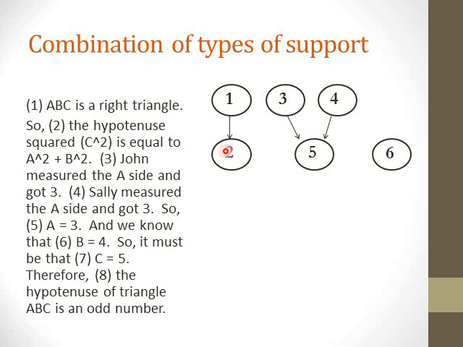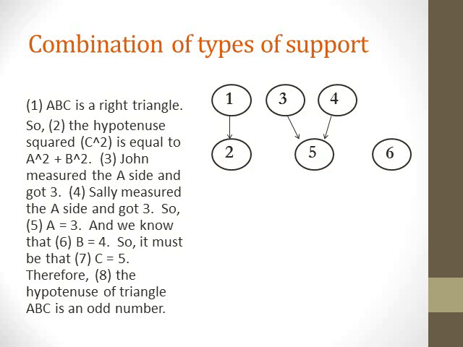And then we see that 2, 5, and 6 support 7. C equals 5. The hypotenuse equals 5. Now the question is whether 2, 5, and 6 support 7 independently, or whether they need to be taken together as a linked support to support 7.